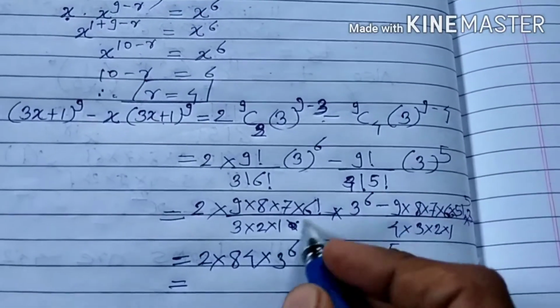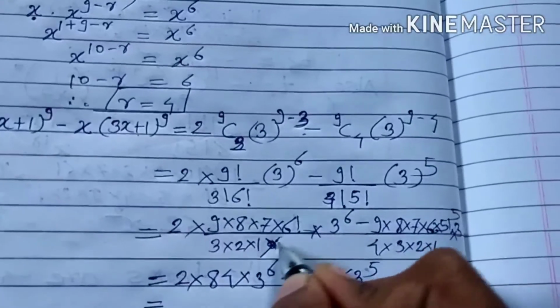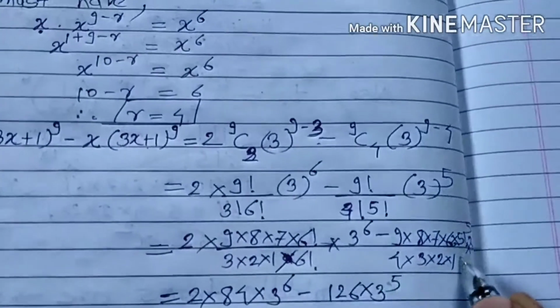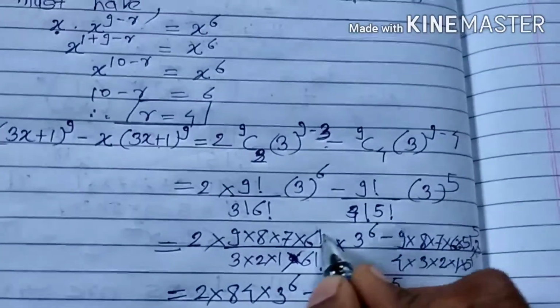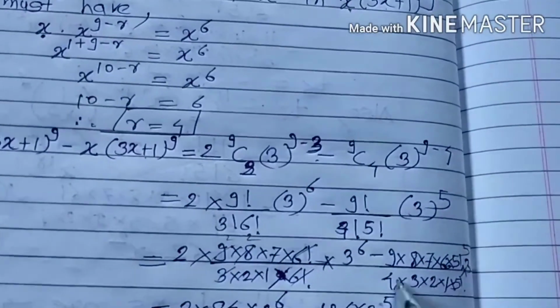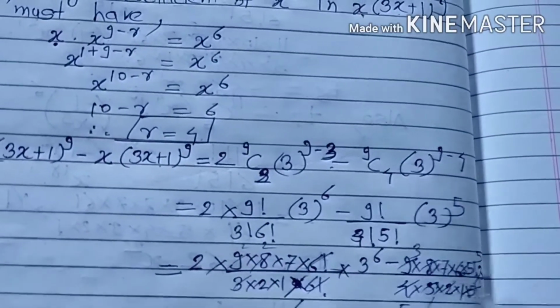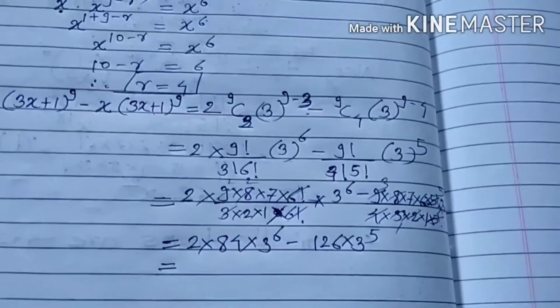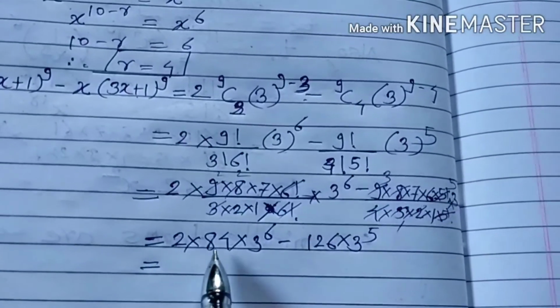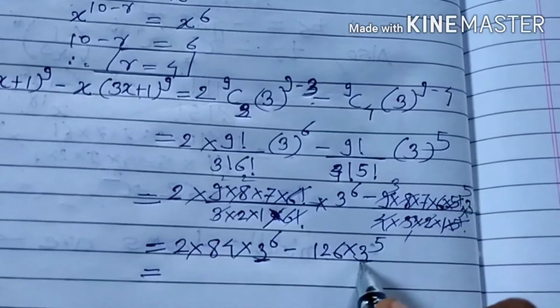So here is the calculation, but one step is missing here. You can write 6 factorial here and 5 factorial here, so this will get cancelled. Here also, and this 5 factorial. So here is the multiplication. Now you can observe that it is 3 raised to 6 and it is 3 raised to 5.